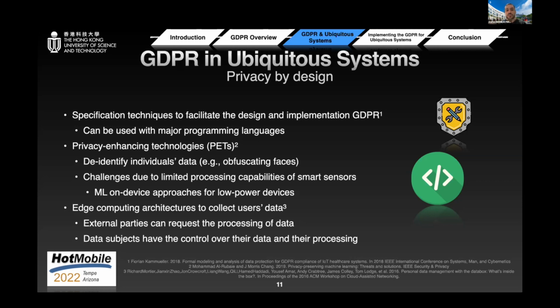Also, there are challenges due to the limited processing capabilities of smart sensors, so how to deal with this is already complex. There are several solutions. One of them is edge computing architectures, and they use external parties that can request the processing of the data. So the data is stored locally, this personal identifiable information, and they can request the data in a query base, and data subjects have the control of the data.